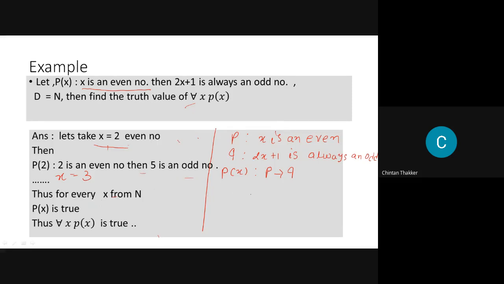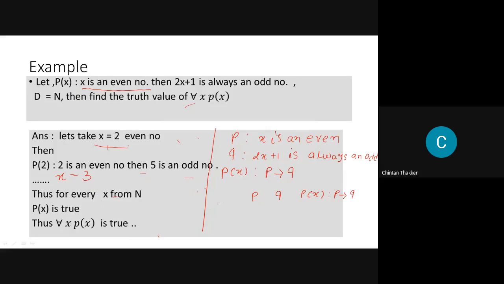We make the table here: P, Q, and then P of x, that is P implies Q. Now for x is an even number, x is even. Now here x belongs to N for natural numbers.